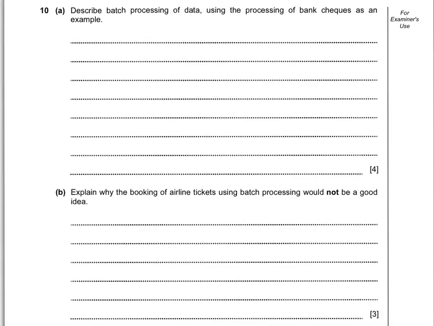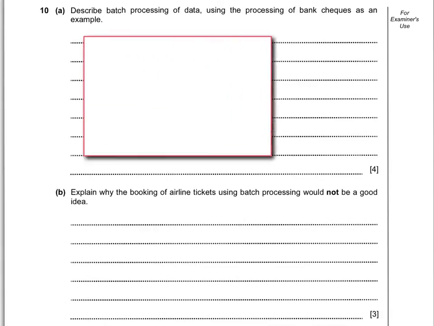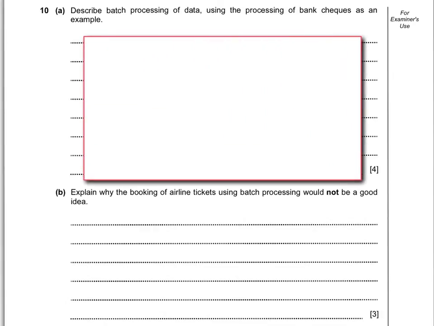The batch processing is different in that it's where a number of tasks or jobs are collected together over a set period of time. So what they're asking you to do is give an example of how a bank check would be used. For 4 marks, with batch processing, it's done in one go.